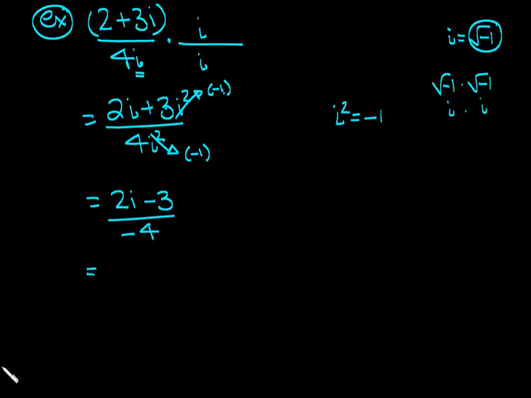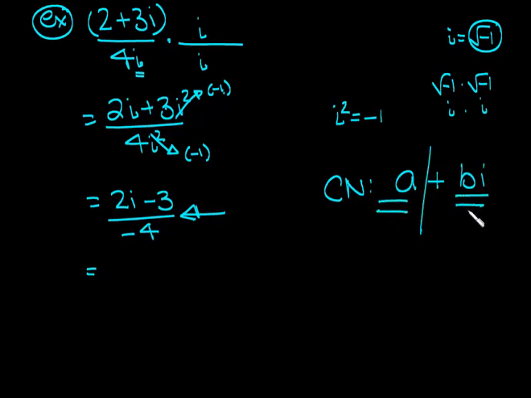So we end up with, now a lot of the time students will leave this as the answer, but this is wrong. Anytime you have a complex number, you always want to write it as a plus bi. You want the real part separate and the imaginary part separate. Right now, because they're both divided by negative 4, they're like one chunk. We don't want that. We want to separate the terms in the numerator.